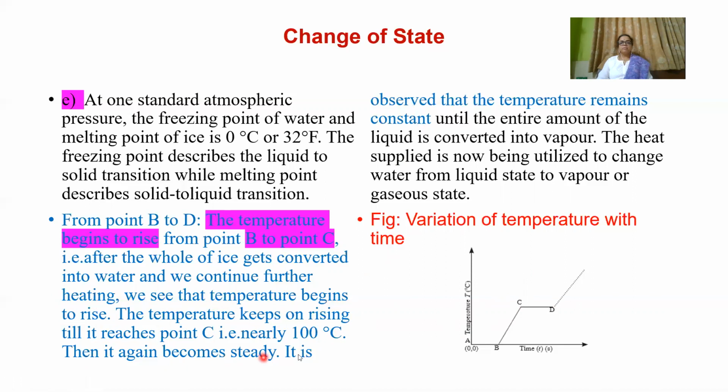Then it again becomes steady. It is observed that the temperature remains constant until the entire amount of the liquid is converted into vapor. The heat supplied is now being utilized to change water from liquid state to vapor or gaseous state.